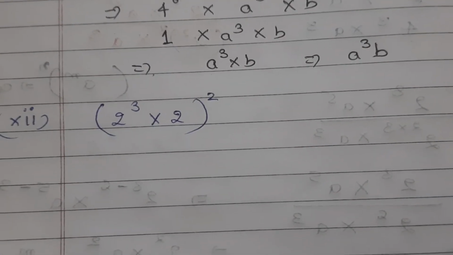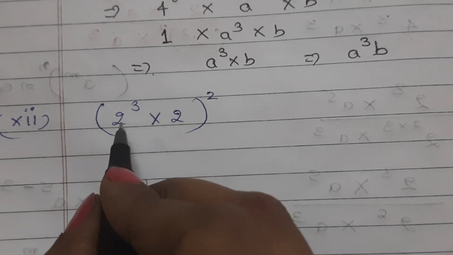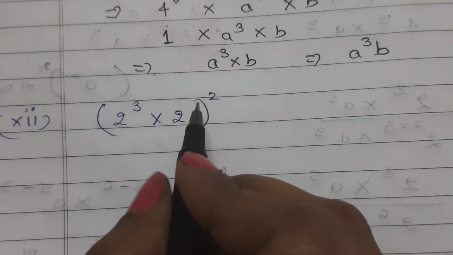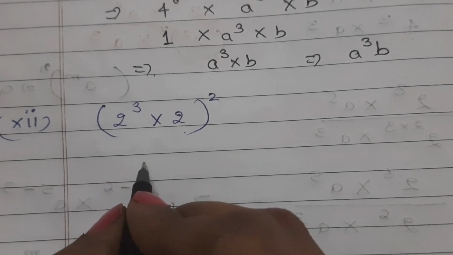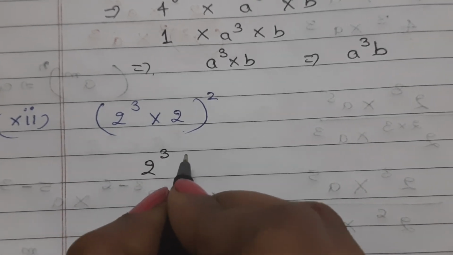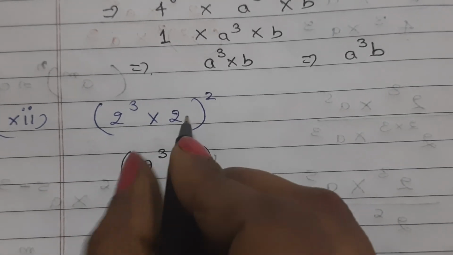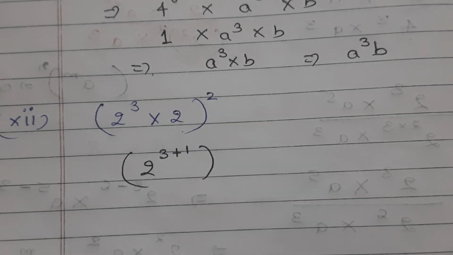Next and the last question of question number 2 is 2 raised to the power 3 into 2 raised to the power 1, whole to the power 2. So firstly we will solve the bracket. In the bracket it will be 2 raised to the power 3 plus 1. Why 1? Because when there is no power, it means there is a power 1.